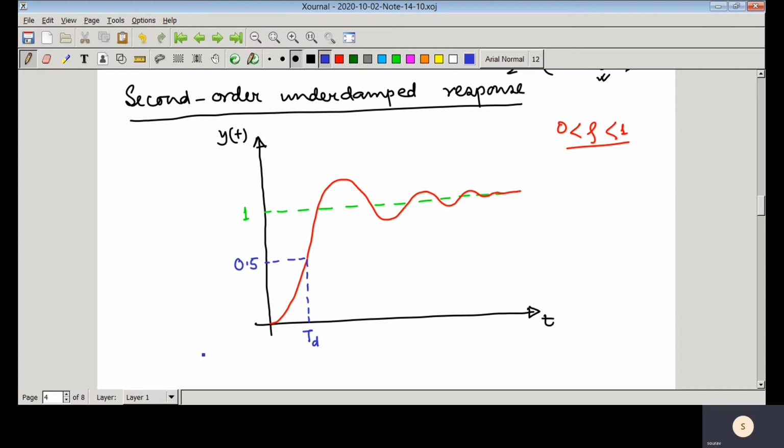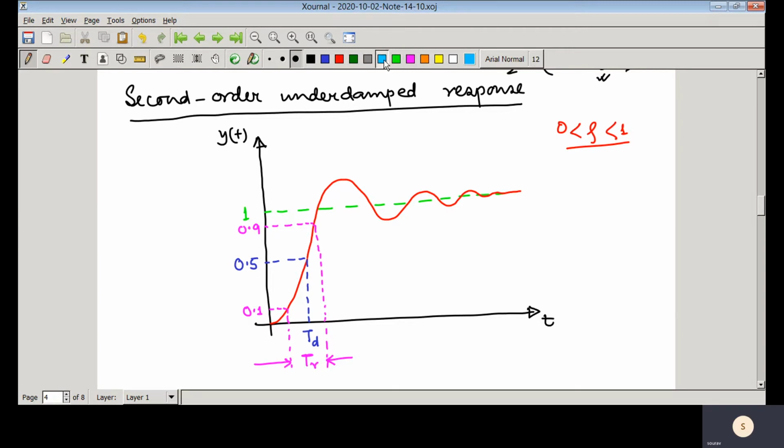And then if we take 10% here, this is 10% of the final value, which is 1, so 10% of that is 0.1, and here suppose this is 90% of the final value, that is 0.9. So here this is the time, and I am labeling this time as TR.